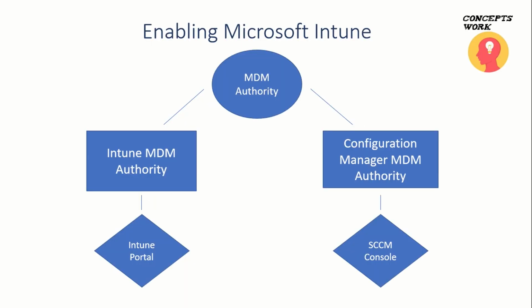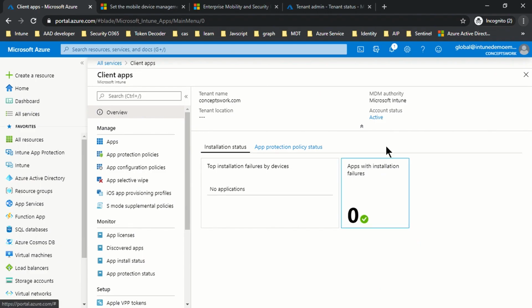But if you select the SCCM console option, then you can choose to create policy from your SCCM server itself. That means in that case, the MDM authority had the value of Configuration Manager MDM authority. This was something which was getting reflected on the portal, but now this option is not customizable.